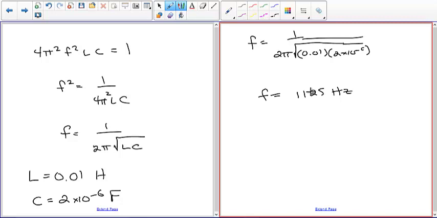Okay. So what that means is at frequencies less than that, the capacitance is going to start to dominate as you go to lower and lower frequencies. The capacitor is the thing that limits the amount of alternating current that you can get through your circuit.